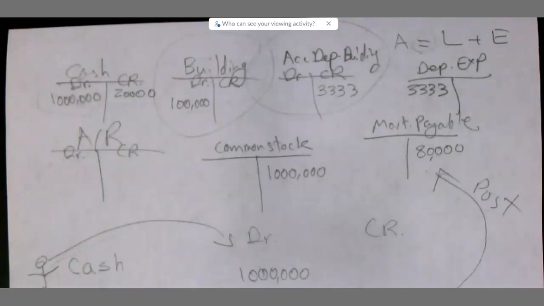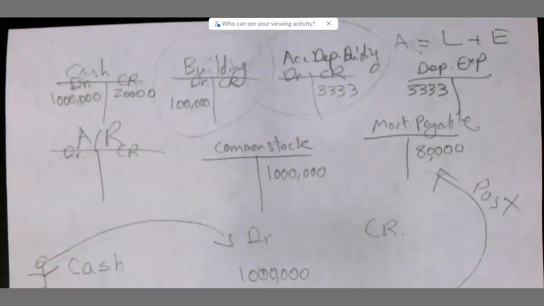However, if you call it building, almost anyone on this planet can easily understand what building is. Accounts receivable, again, everyone understands that. Common stock, again, that's a simple name, understandable. Mortgage payable, simple name, understandable. As long as the name makes sense, let's say maybe you call it mortgage payable, and maybe your friend calls it loan payable.